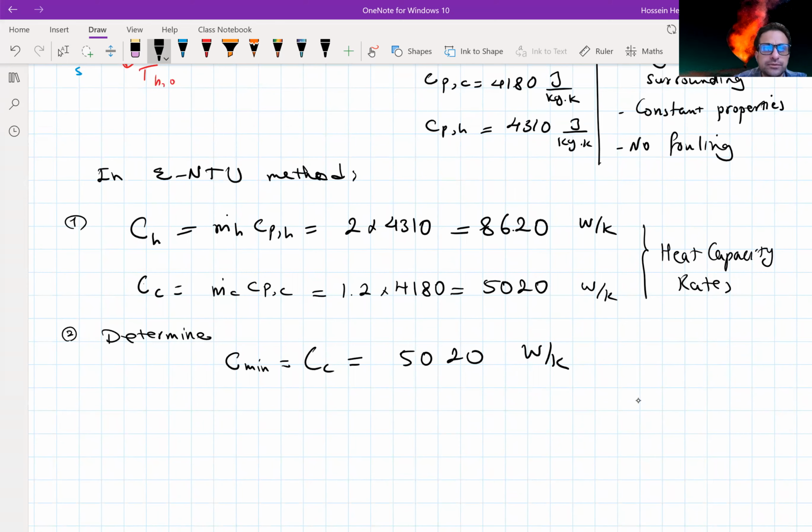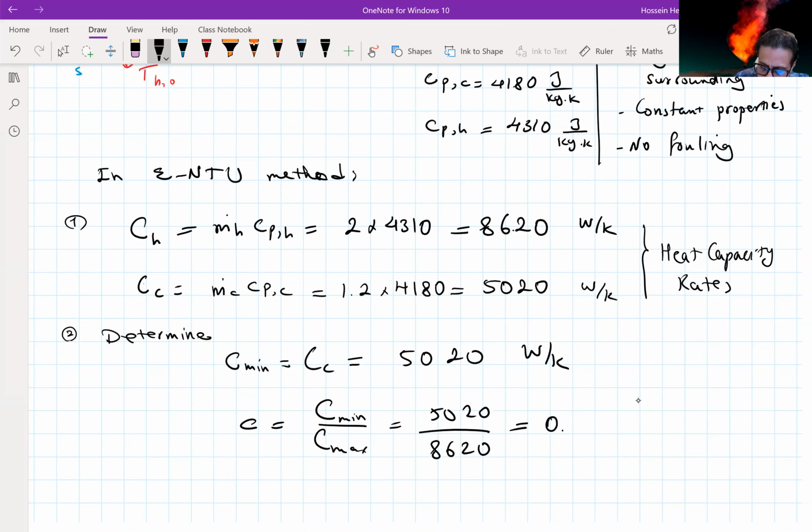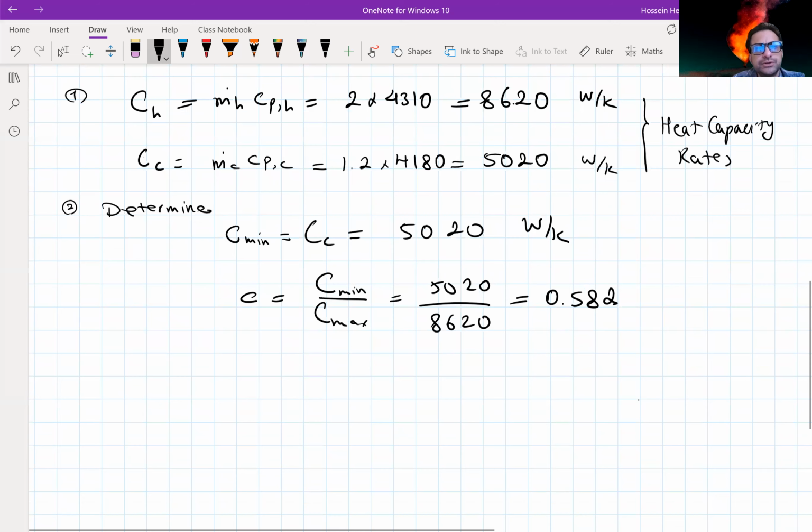Okay, so now we know that one. We define the capacity ratio, C min over C max, which is 5020 over 8620, and it's going to be 0.582. Okay, so this is the capacity ratio.